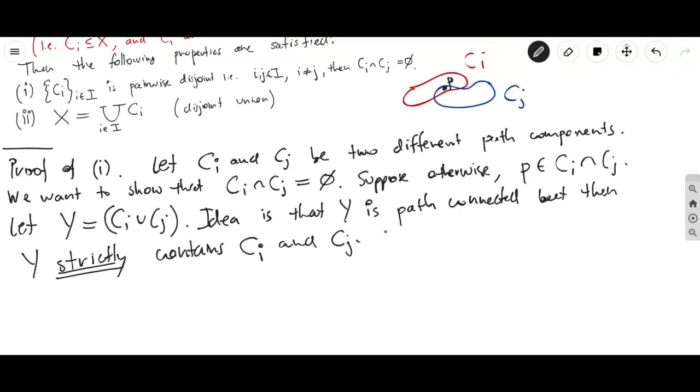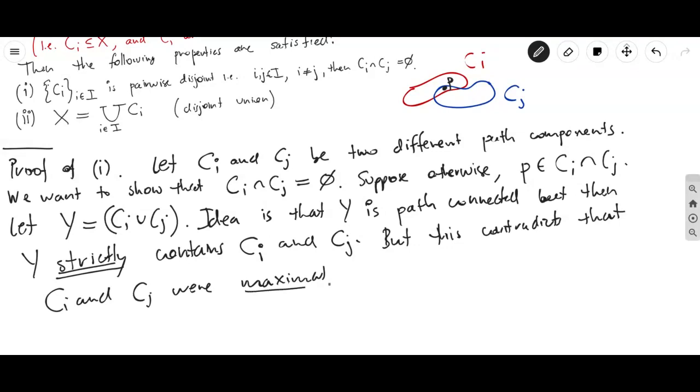Okay, and what's the problem? But this contradicts that Ci and Cj were maximal, because path components were path-connected subsets that were maximal.